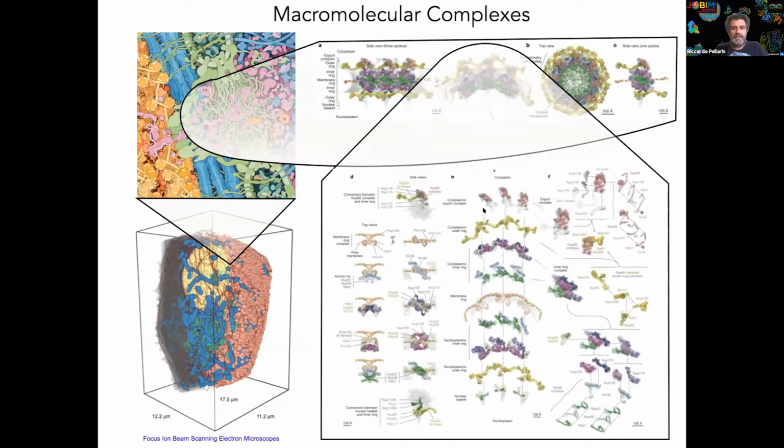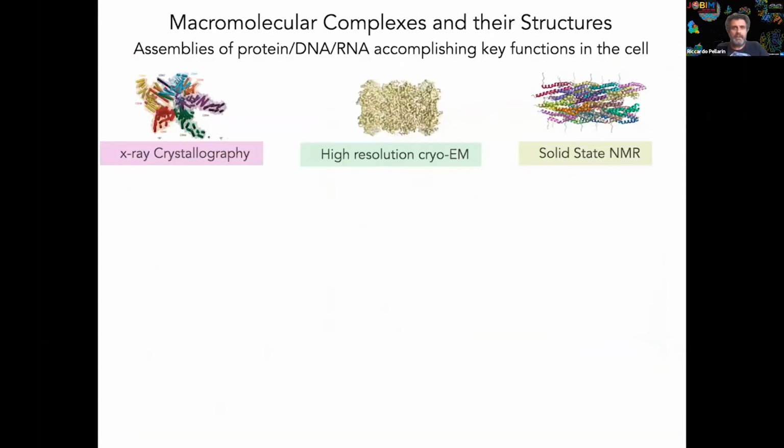So it is a very fascinating domain of research, as you can see. But the problem is that what you normally do is get information about a macromolecular complex and its structure using elite techniques such as X-ray crystallography, high resolution electron microscopy, as you saw before in the introduction by Juliette, as well as solid state NMR.